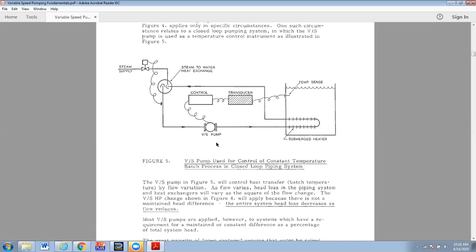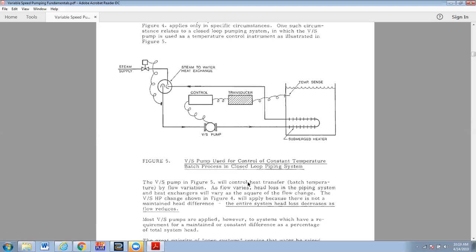And so nothing changes in terms of the flow path through here. It's all frictional, or it's all variable head. And so we're going to get the maximum possible pumping savings out of a situation like this.